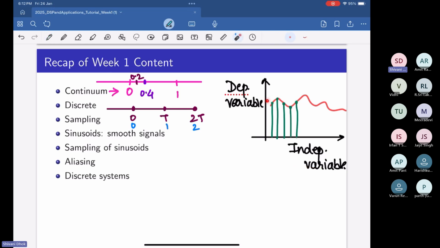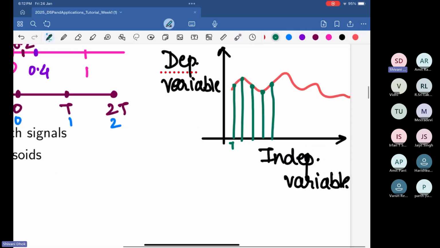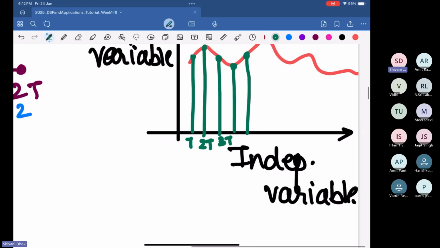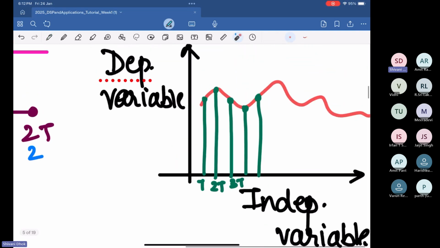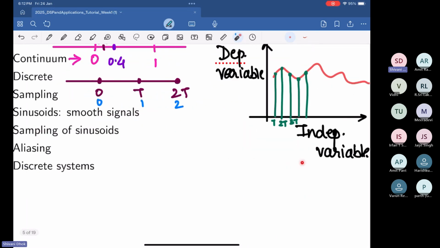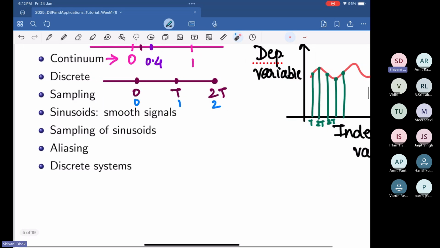For example, we'll take up the value at this instant, at this instant, at this instant, and so on. So let's say at t, then at 2t, 3t, and so on. And we will just pick up these particular values. This process of going from a continuous independent variable to a discrete independent variable is known as sampling.